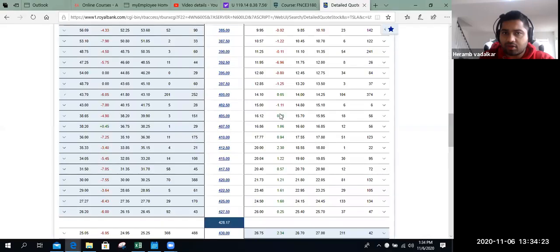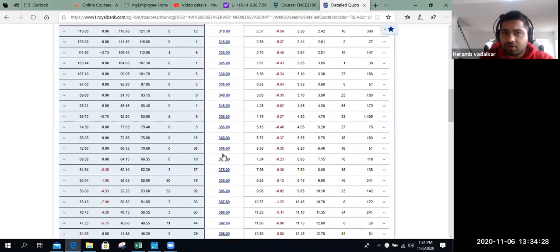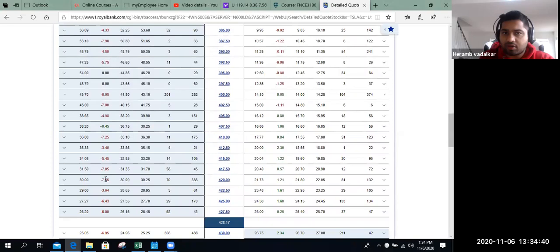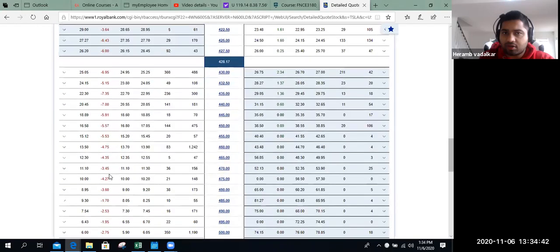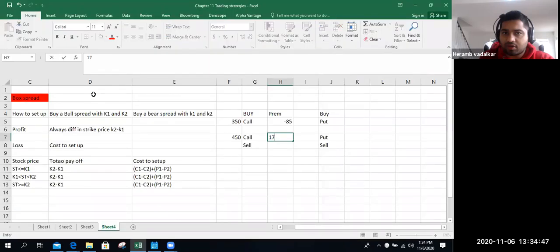The 350 call premium is 85 bucks, so you pay 85, so negative sign. And the 450's premium is 17 bucks, so you sell that and you get it. So the cost to set this up is 68 bucks.